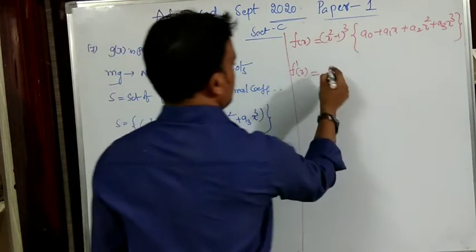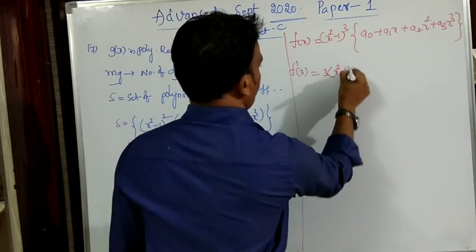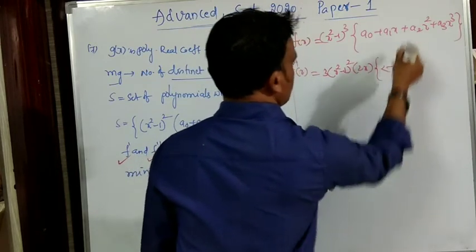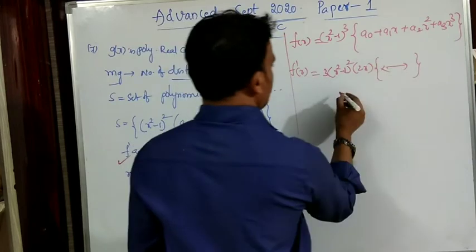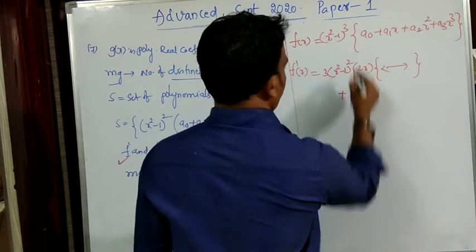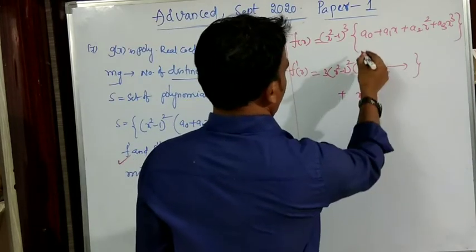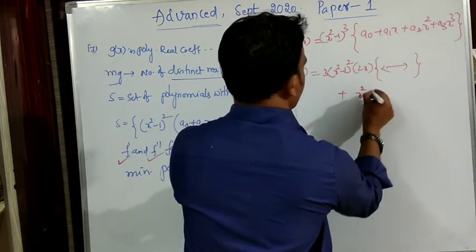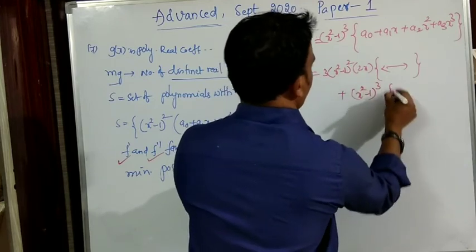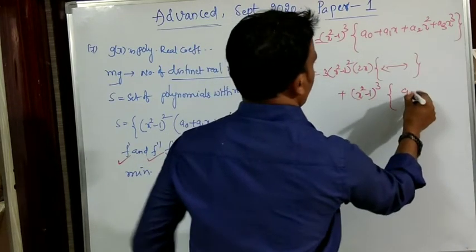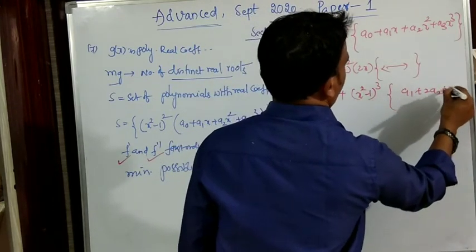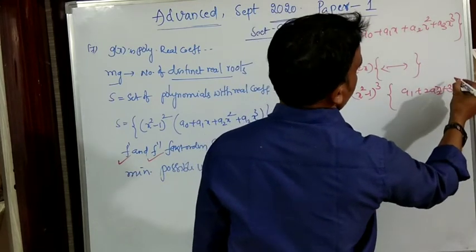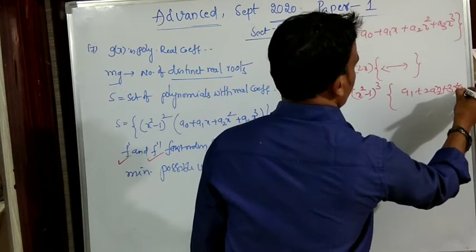So it is 3 times (x squared minus 1) whole squared into 2x, times this function as it is, plus (x squared minus 1) whole cube times the derivative of this function, which is a1 plus 2 times a2 into x plus 3 times x squared into a3.